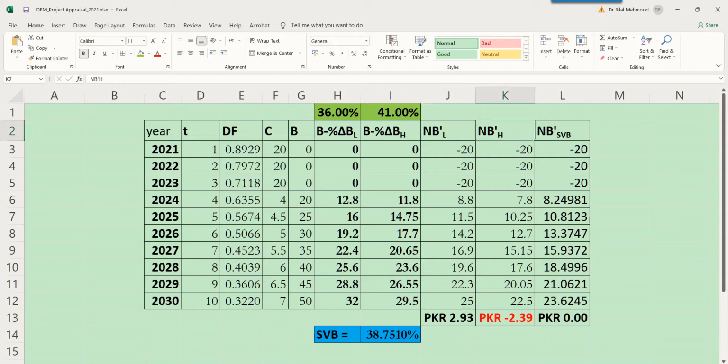And then we calculate the net benefits at higher change in the benefits, and this is equal to the new value of the benefits with higher decrease in the benefits minus the costs. And we can see that we have chosen the correct cells.